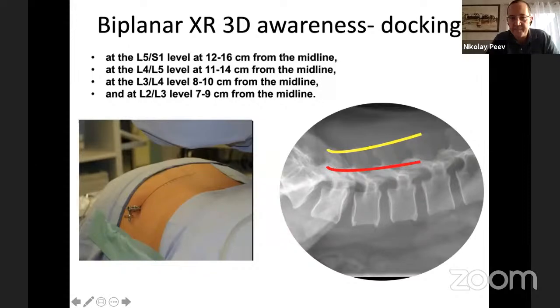I don't measure the offset from the midline in my cases, but I normally aim to be between these two lines. This is the line that connects the top of the process, and the line that will connect the top of the facets. If you're between these two lines, you have a very good chance to be following the right trajectory, have success of your surgery and to avoid complications.